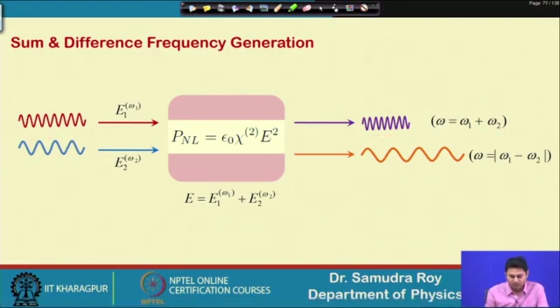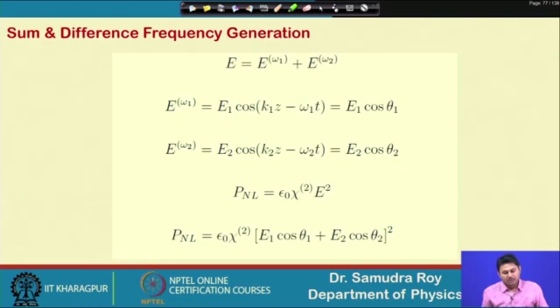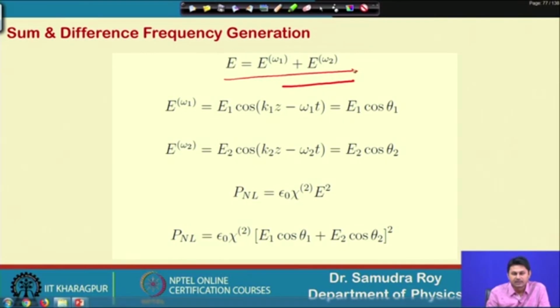So, these two frequencies will get generated under sum and difference frequency generation due to this nonlinear interaction. Okay. So, now go back to the mathematics, which is again quite straightforward, and we have already done these things in our previous classes. As I mentioned, the total electric field is E omega 1 plus E omega 2. E omega 1 is nothing but a frequency component of omega 1.